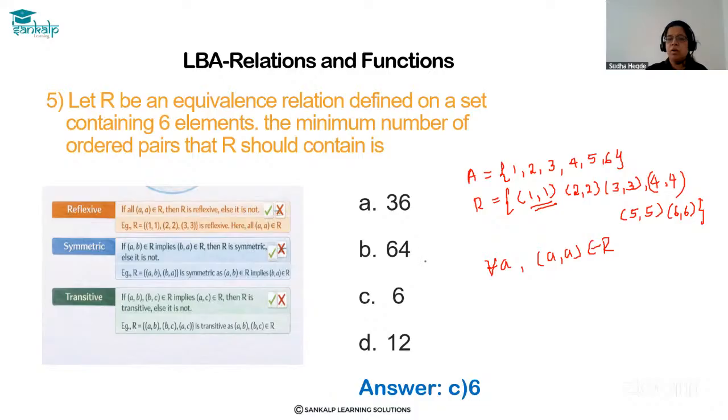Therefore, option C, 6, is the correct answer. Got it right? So check the number of elements in the set. The same will be the minimum number of elements required for an equivalence relation. Thank you.